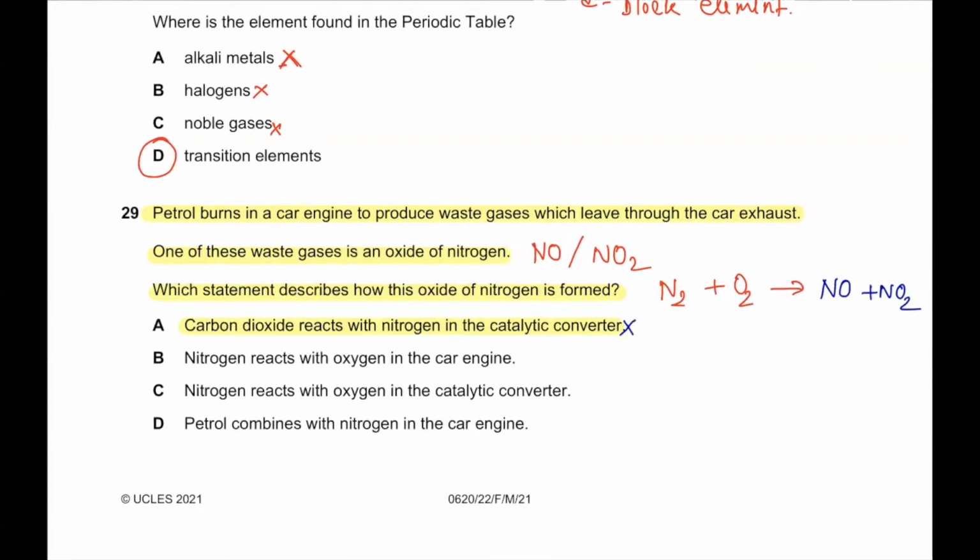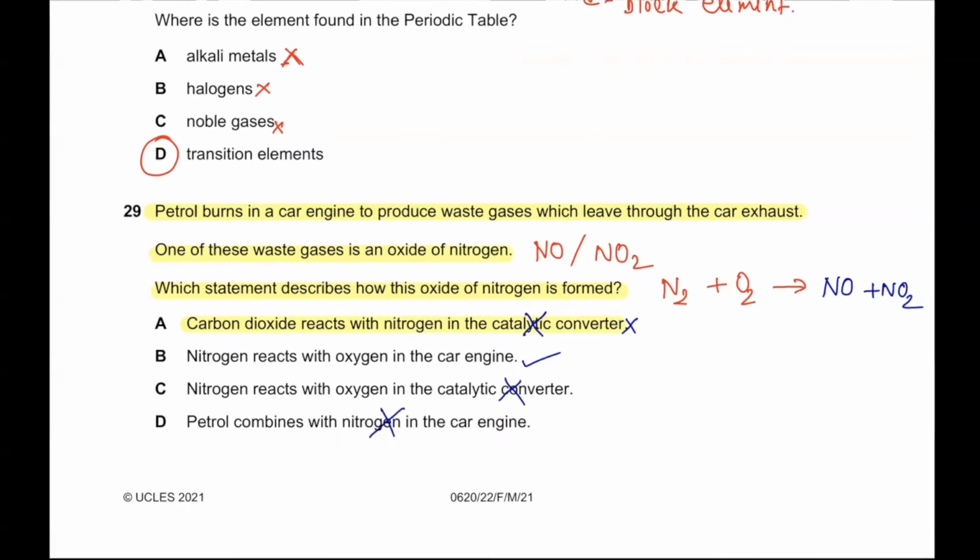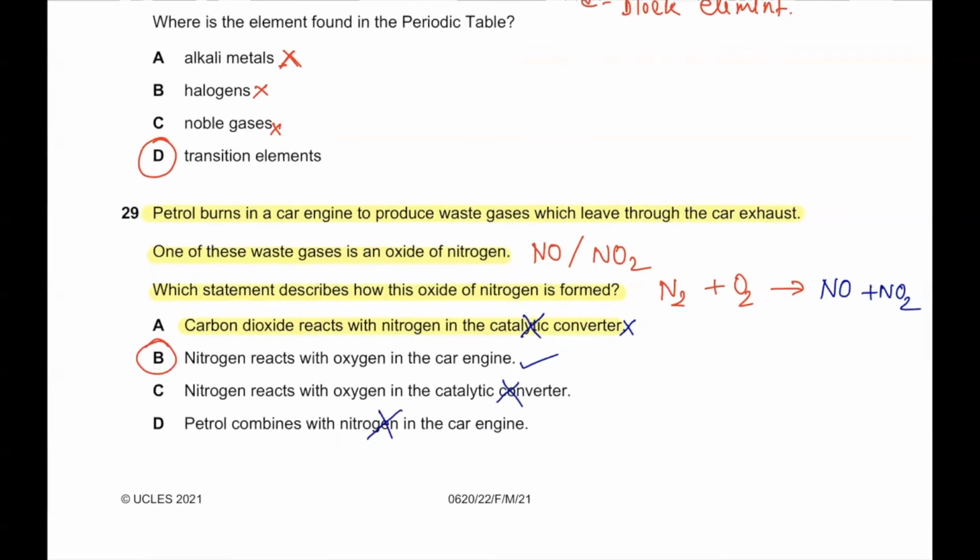Nitrogen reacts with oxygen in the car engine: yes, this is the perfect description. Nitrogen reacts with oxygen in the catalytic converter: the catalytic converter is not involved in production of nitrogen oxides. Petrol combines with nitrogen: petrol does not burn in nitrogen, so that is wrong. So B is the correct answer. Nitrogen reacts with oxygen in the car engine.